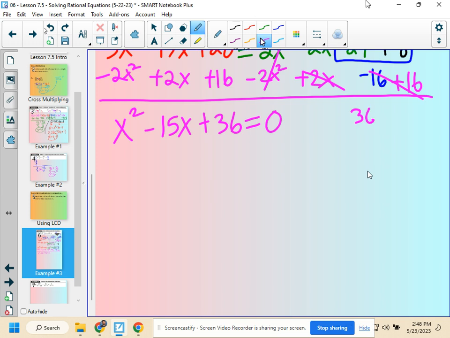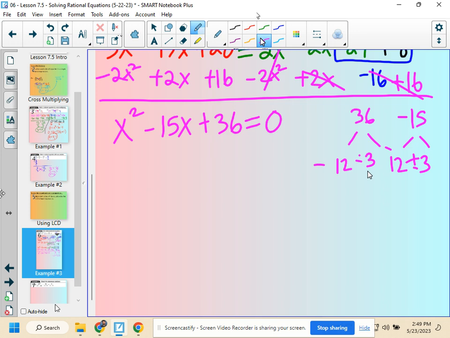While I'm talking, I'm mentally doing this in my head, to see if I can come up with that combination of numbers that multiply to 36 and add up to negative 15. I'm thinking 12 and 3. Can we make the signs work? 12 and 3 definitely multiply. In this case, they would both have to be negative.